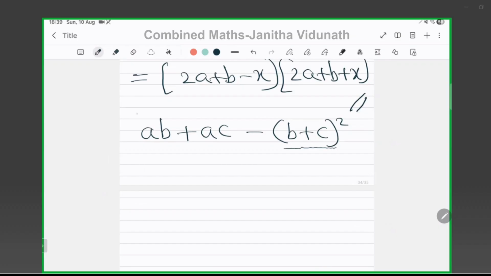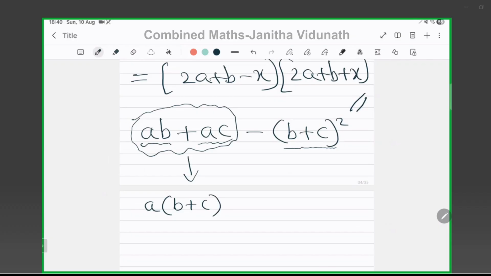If we closely look at these first two terms, we can see that a is common to the first term and the second term. Then these two terms can be combined as a times (b plus c).